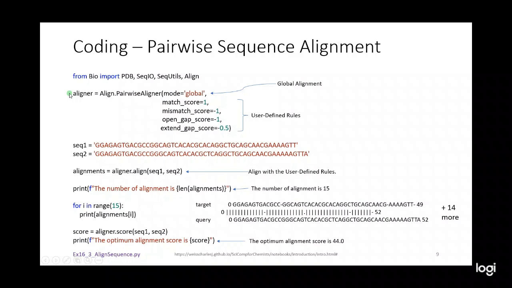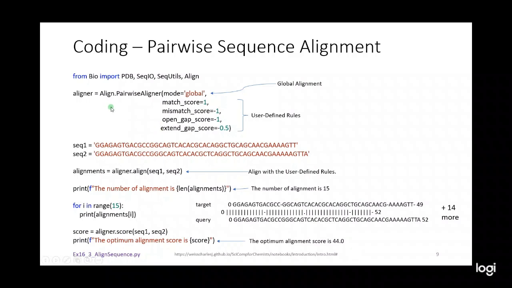To perform pairwise sequence alignment, we first need to create a pairwise aligner. This requires specifying the type of alignments, global or local, and optional user-defined score parameters: match score, mismatch penalty, open gap penalty, and gap extension penalty.